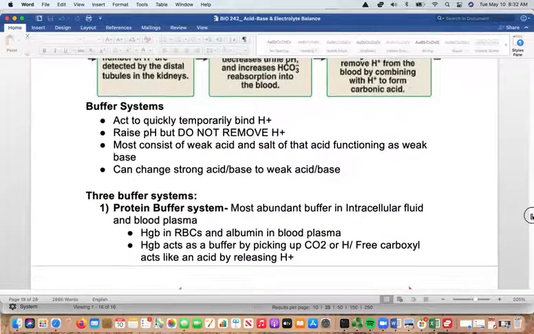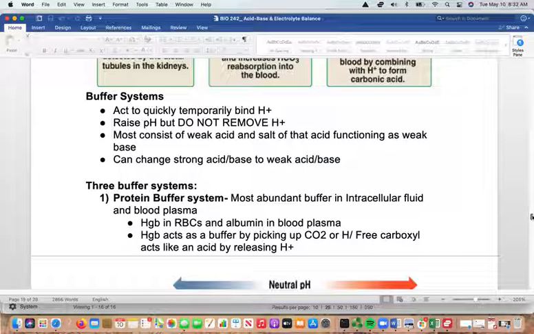So the buffer systems, they are going to quickly but temporarily bind the hydrogen ion. They'll raise the pH, but they don't actually remove the hydrogen ion. Most of the time, they're going to be a weak acid and a salt of that acid that functions as a weak base. So they can change strong acids and bases to weak acids and bases.